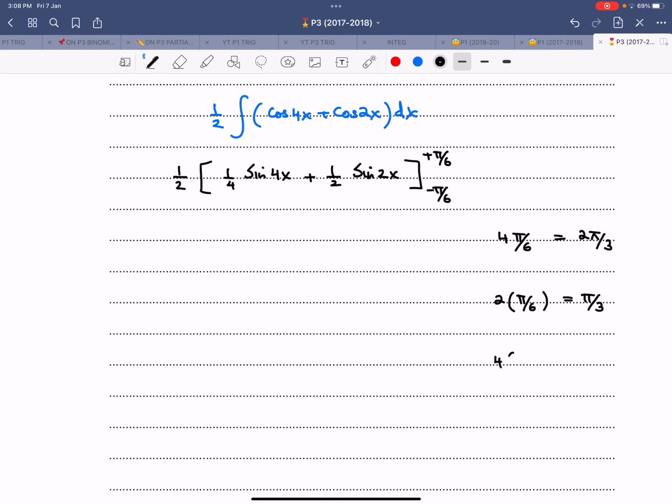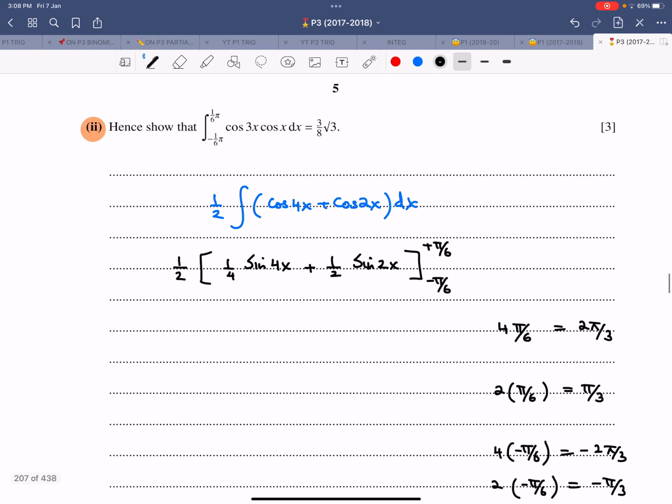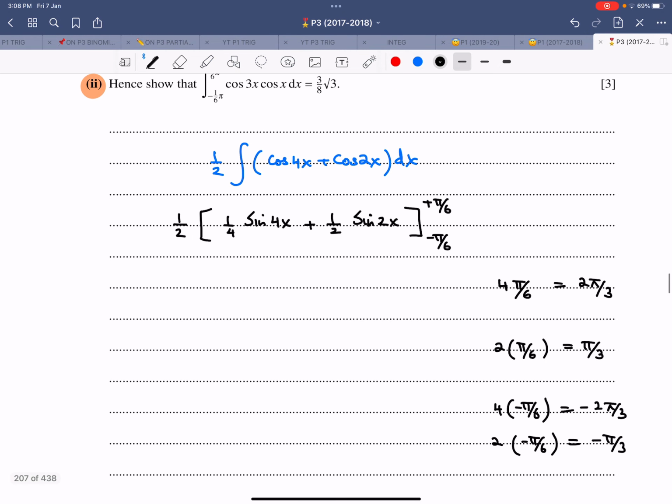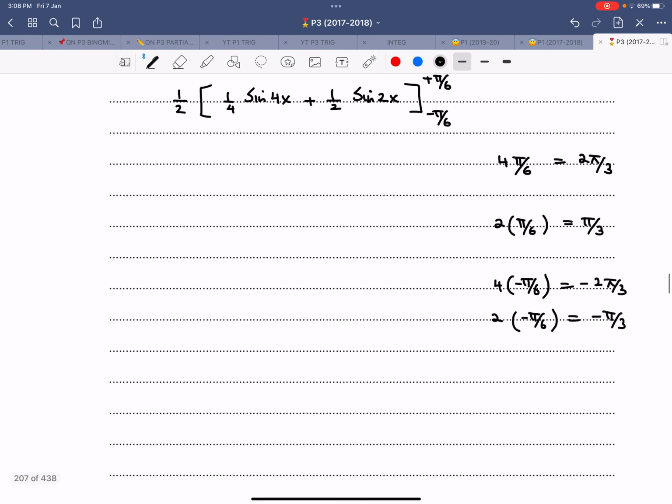Similarly, 4 times negative pi by 6 is negative 2 pi by 3, and 2 times negative pi by 6 is negative pi by 3. Why do I need this working? So that when I use my calculator or my brain to evaluate this, I have the exact values. Sine of 2 pi by 3 is root 3 over 2.